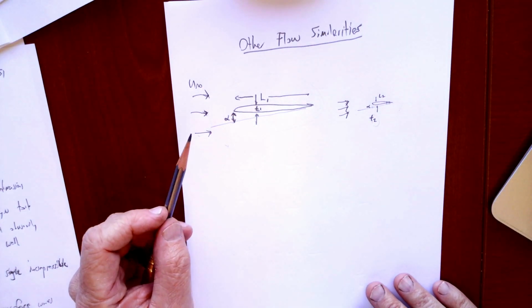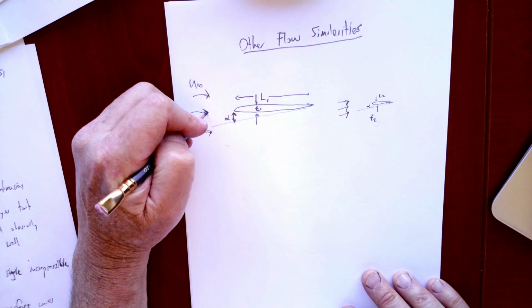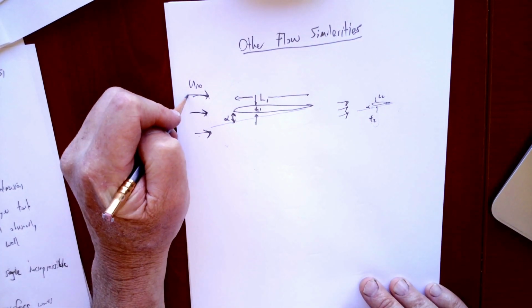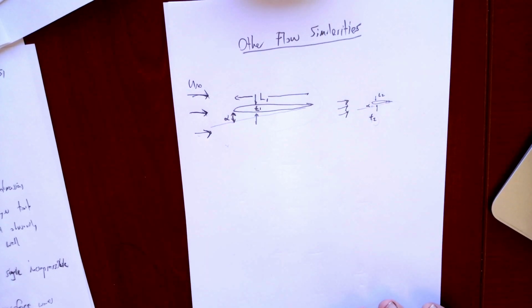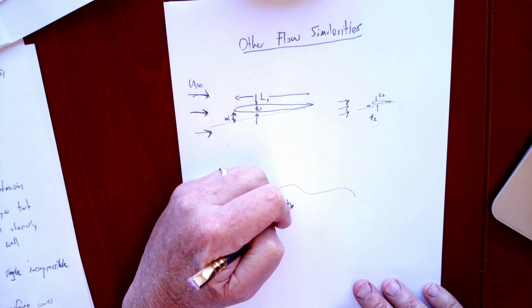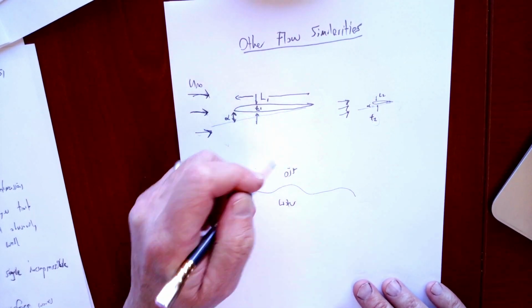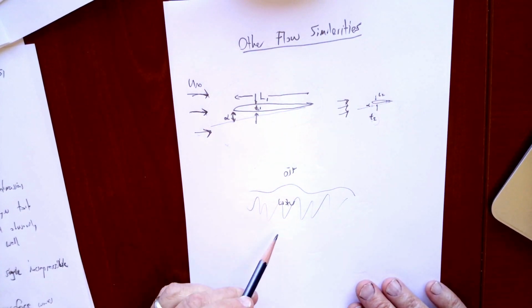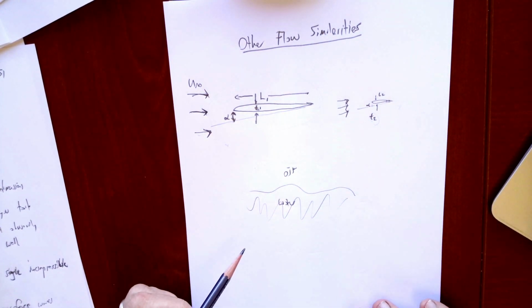As you get up closer to the speed of sound, you'd have to have matching Mach numbers in order to get the same effect. For different types of flows, like flows that involve waves, with water and air, you have different things you have to match. So it would not be enough to just match Reynolds numbers. You'd have to match other parameters.